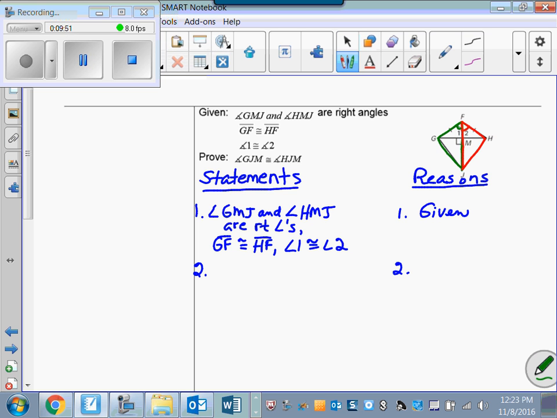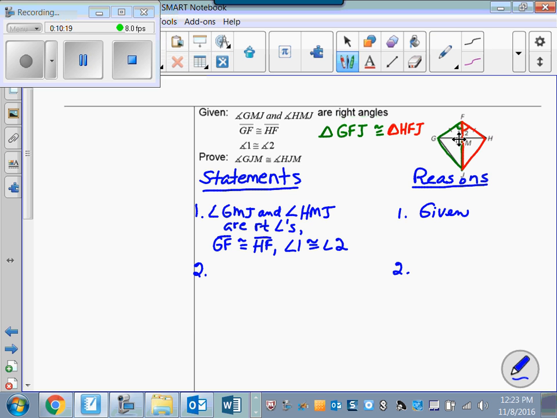So if I come in here now and say FJ is congruent to FJ, then can I not say that triangle GFJ is congruent to triangle HFJ? Certainly looks that way to me.